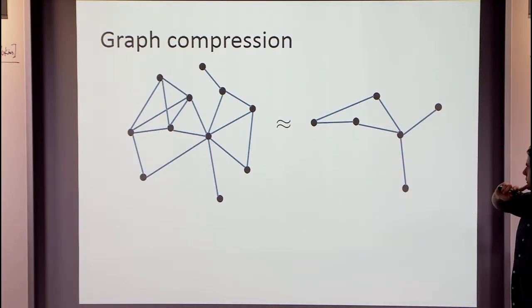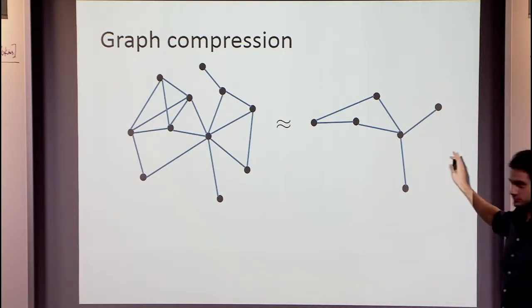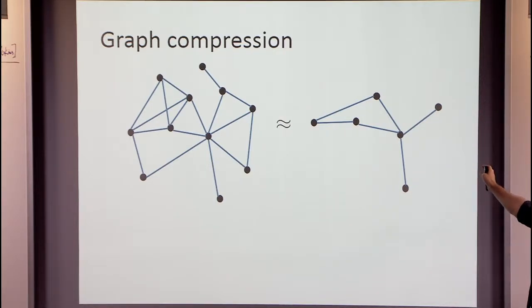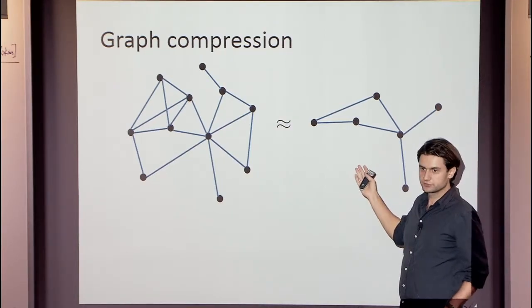By the picture I'm suggesting a smaller number of edges, or a smaller number of vertices. We will talk only about a smaller number of edges here, but as a general principle you can think about smaller graphs.